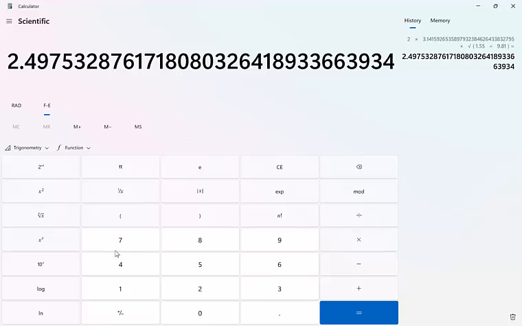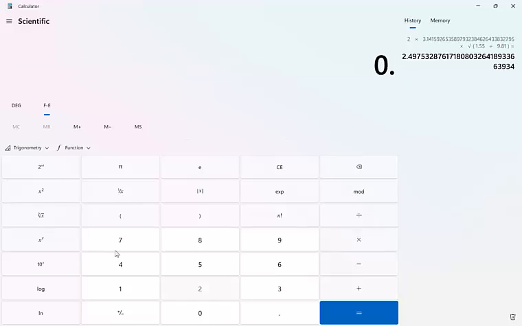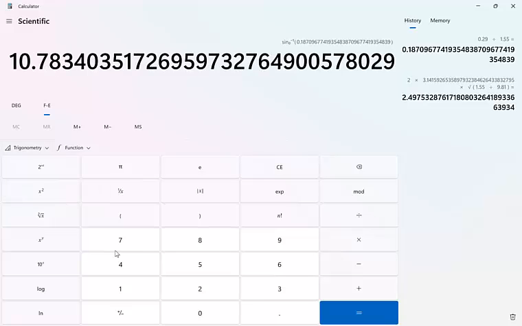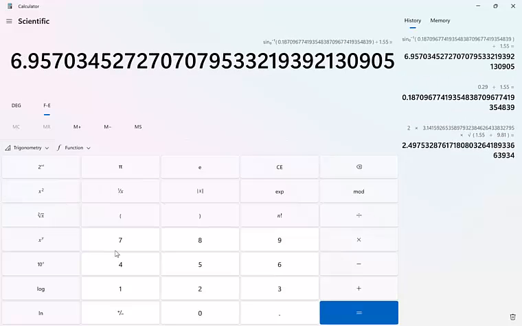Let's just check that we're in degrees. Yes we are. So we'll go 0.290 divided by 1.55, and then we'll go second function sine. Oops, that's not quite right.